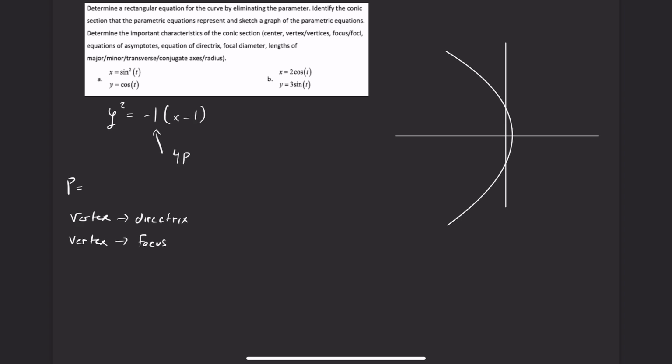So p is really valuable here. Okay, so setting 4p equal to -1, divide by 4, we get that p is -1/4. And this makes sense because, like we said, p is negative, so we'll open to the left.